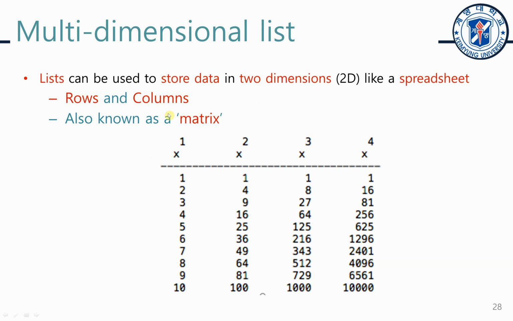For instance, we can call this two-dimensional list matrix 2, and in this case we used the multi-dimensional loop to calculate the multiplication or the power of a number.